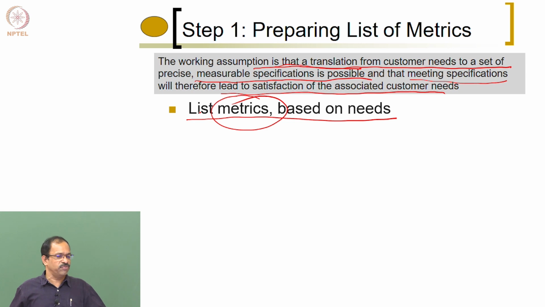What else can you think of? Seat. Okay. So, seat means what? The seat height or the seat profile or the seat cushion, whatever. Cushion. Yeah. So, how do you convert that into a metric?